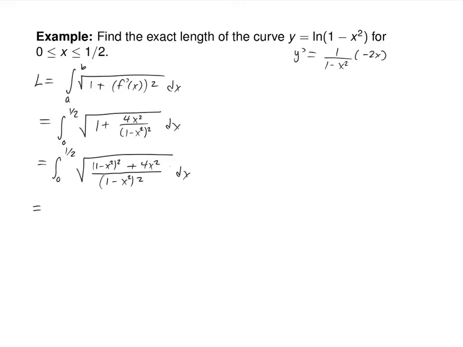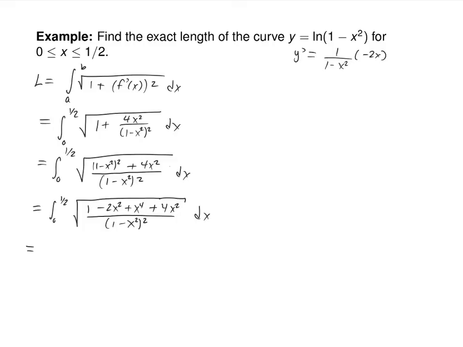So that's the same thing as the integral from 0 to a half of 1 minus 2x squared plus x to the 4th plus 4x squared over (1 minus x squared) squared. Is everyone okay with that part of it?